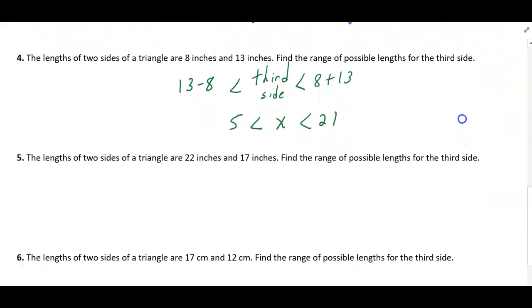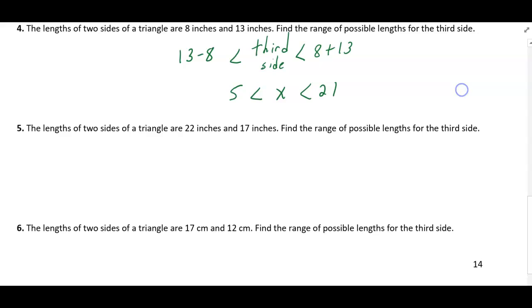Okay. Go ahead and try examples 5 and 6. All right, so for example 5, the third side, I'm just going to call it x this time, would be 22 plus 17, and then 22 minus 17. So doing the math, we get 5 is less than x, less than 39.